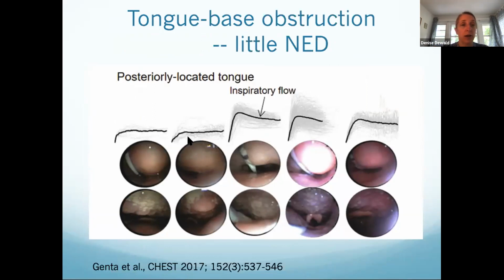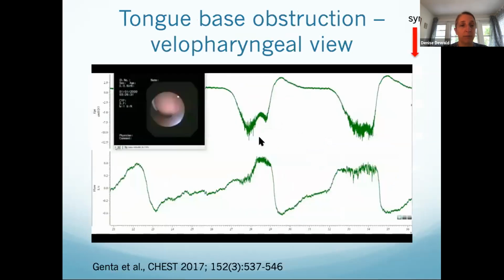The tongue showed a low negative effort dependence. So it just showed flattening, but there wasn't a lot of negative effort dependence.